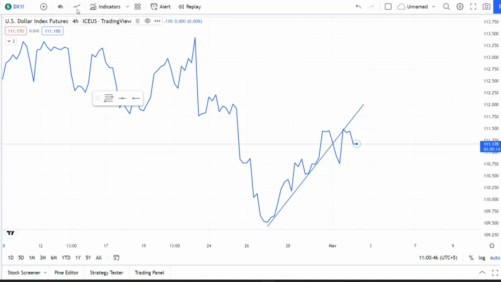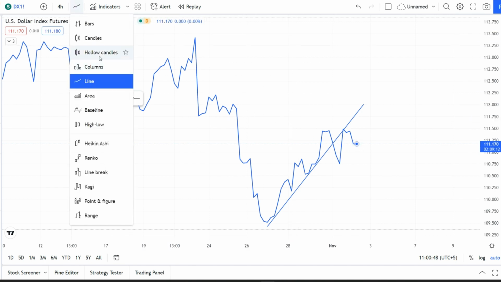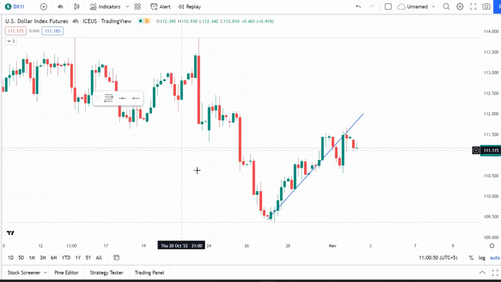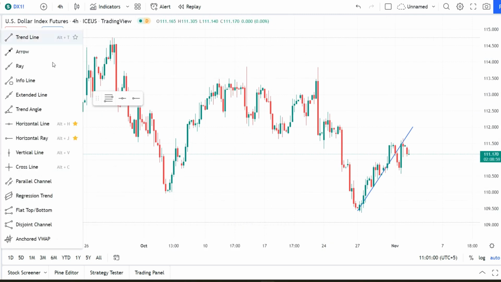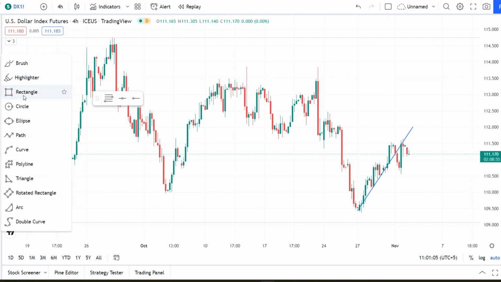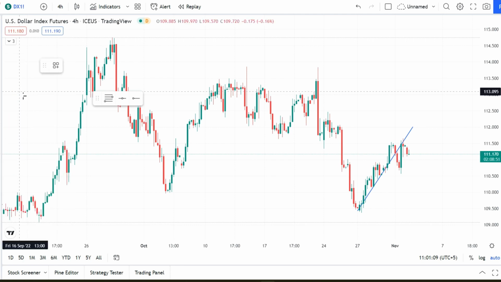And the next thing on the dollar chart is that this is a very important area. If you check this area, let me give you the rectangular zone. This is the possible area for the dollar chart.